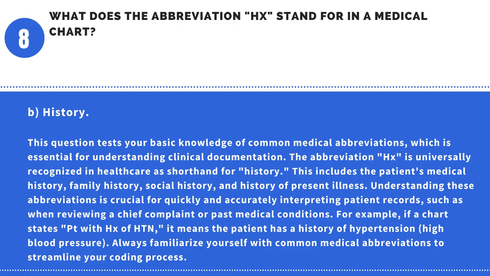Understanding these abbreviations is crucial for quickly and accurately interpreting patient records, such as when reviewing a chief complaint or past medical conditions. For example, if a chart states patient with HX of HTN, it means the patient has a history of hypertension, high blood pressure. Always familiarize yourself with common medical abbreviations to streamline your coding process.